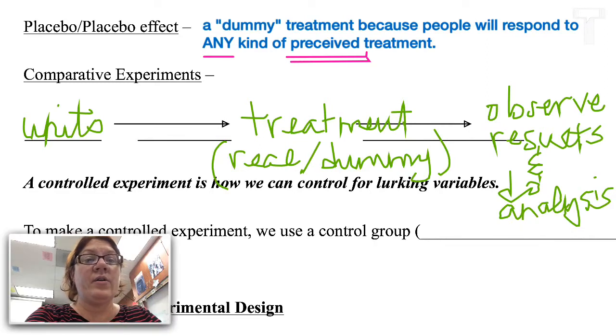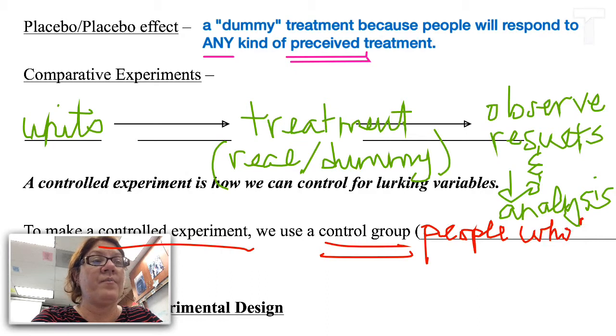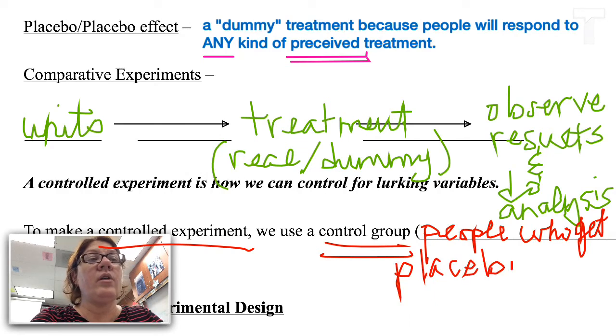And of course, in order to control the experiment, I want to use a control group. That control group is people who get the placebo. Now, it could also be that they get some old treatment.